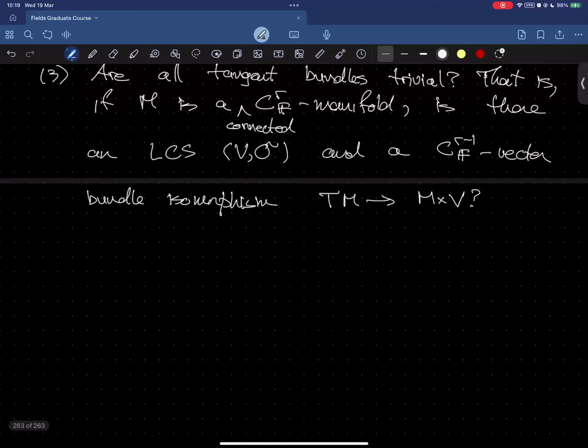The fact is that the tangent bundles of the even dimensional spheres are not trivial. And maybe let me make a stronger statement than that. TS^n is trivial if and only if n is odd.